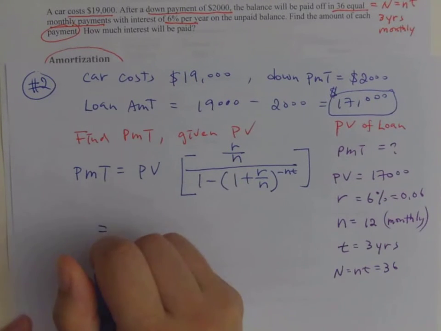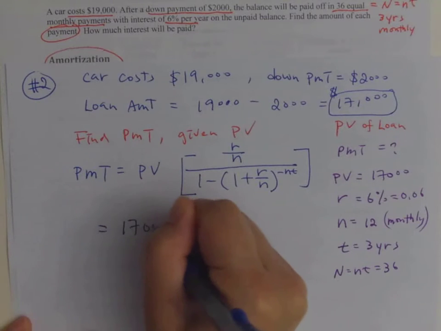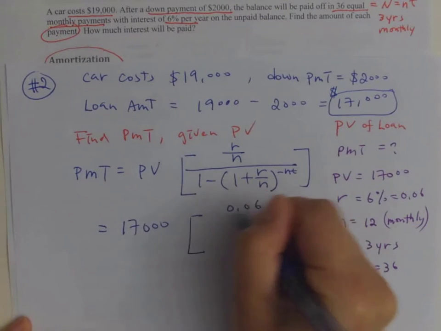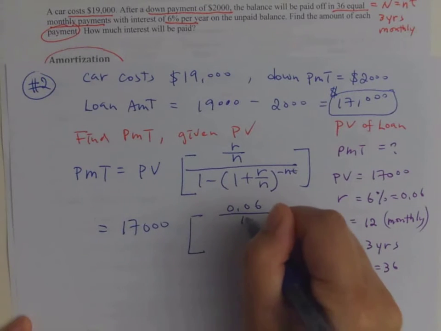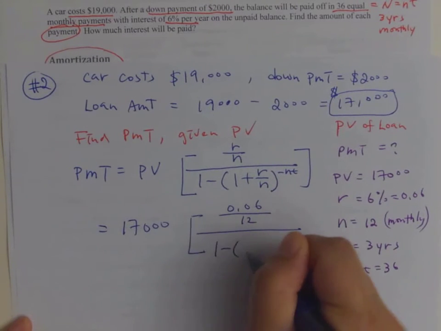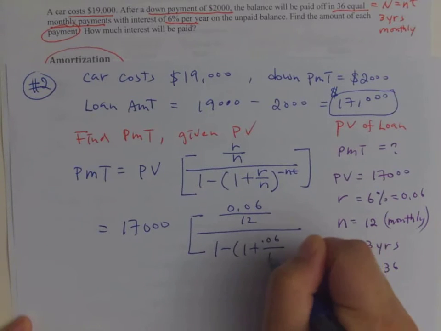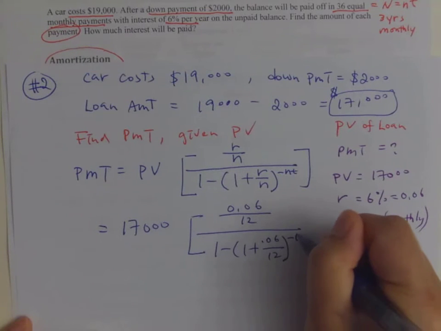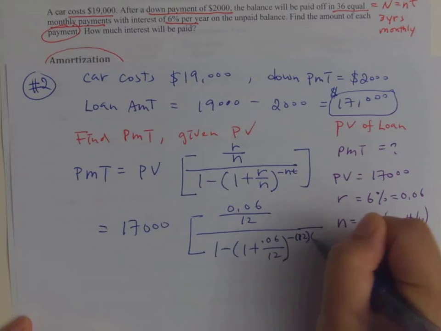We have the present value of the loan, $17,000, times R, which is 0.06 over N, which is 12, over 1 minus (1 plus 0.06 divided by 12) to the negative N times T, which is 36, right? So I'm going to just write it one time. N is 12 times 3 years.